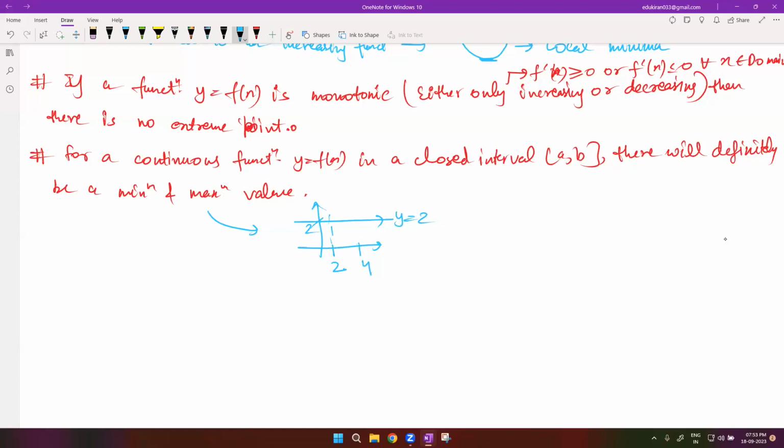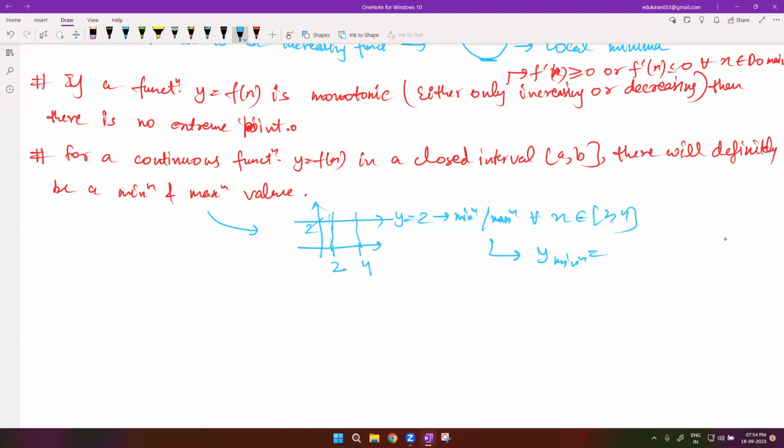Now if I want to ask minimum and maximum for all x belonging to 2 to 4, then this particular function is a constant function.